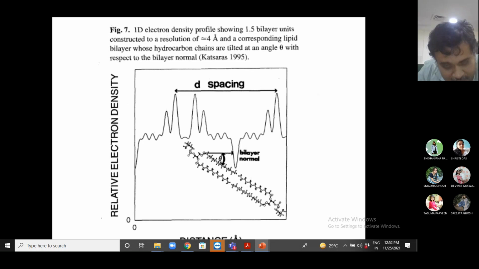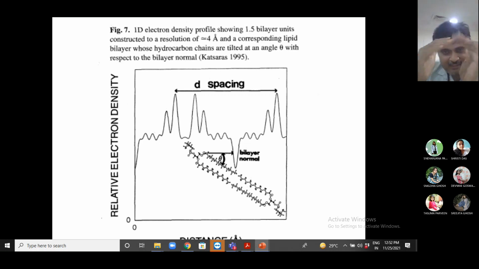So the take home message is, by applying X-ray crystallography, we can also solve the arrangement of lipids at various phases of the lipid bilayer. It is important because in differential scanning calorimetry, DSC, we can find out how many phases there are, but we don't know the status of the phospholipids in those phases, whether they are straight or tilted.